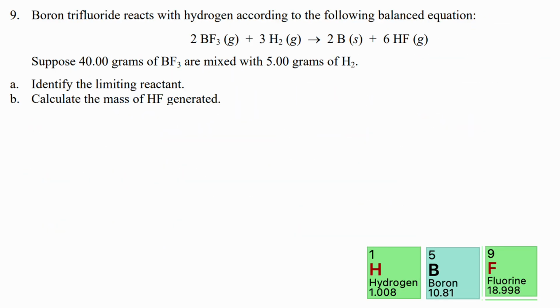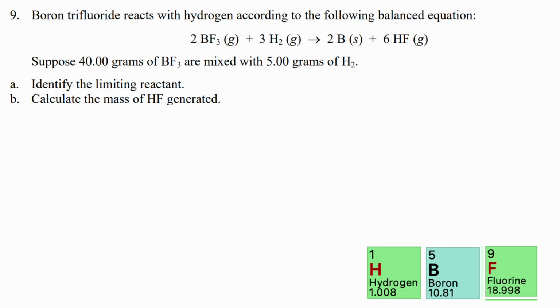All right, so number 9, you were given a balanced chemical equation, and you were also given grams of both of your reactants, so BF3 and H2. Part A says to identify the limiting reactant, and then part B says to calculate the mass of HF generated. So remember, whenever we're finding the limiting reactant, we're converting our reactants into the same product.